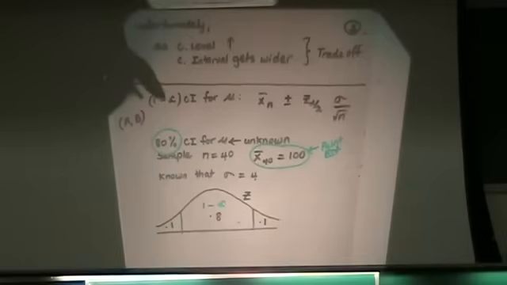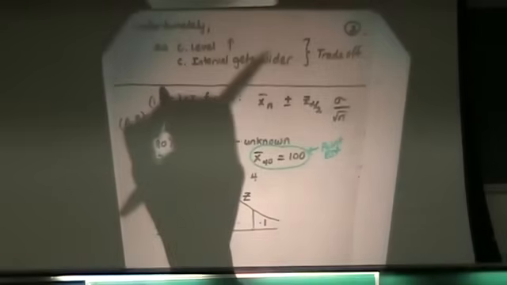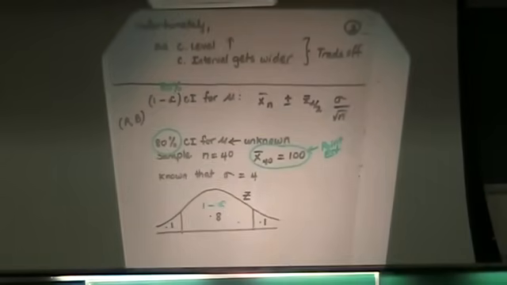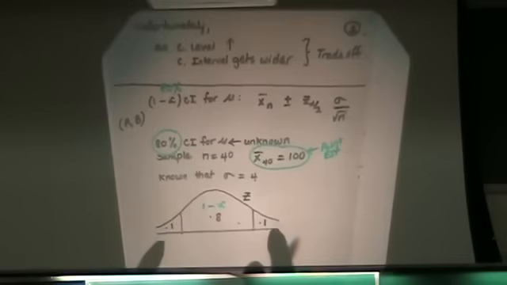It's the 1 minus alpha CI that I'm looking for. So this is 80%, 1 minus alpha. We know that the total area under the curve is 1, right? So if this is 80, then the sum of the tails is 20, right?